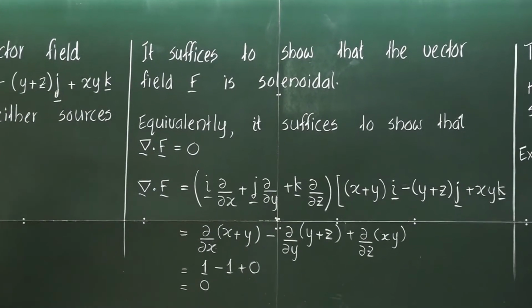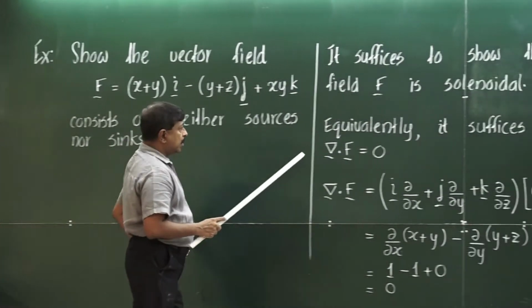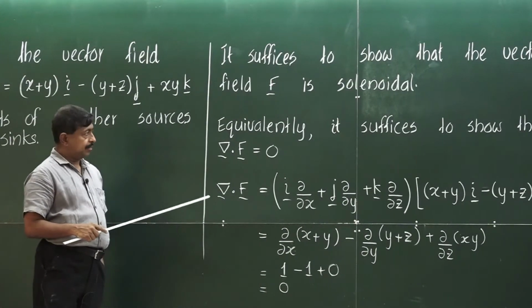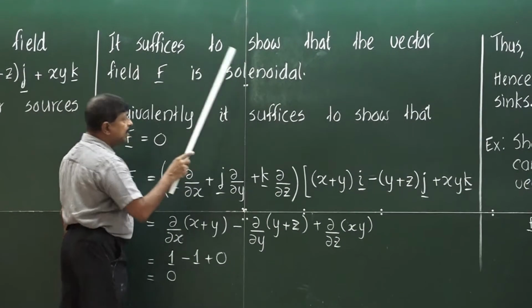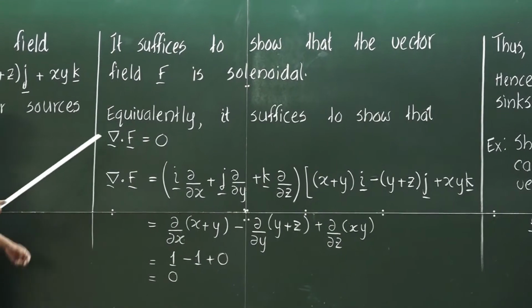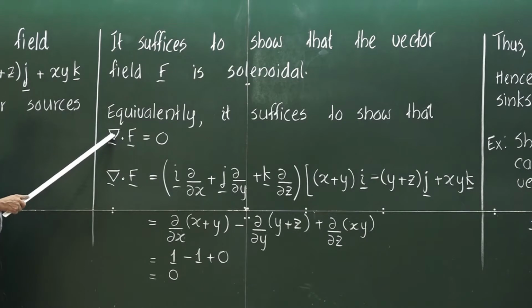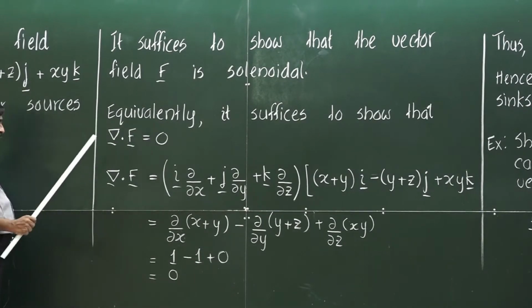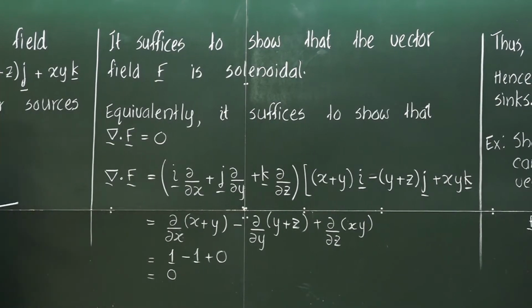Solenoidal means, practically, there are no sources, no sinks. On the other hand, a solenoidal vector field is defined like this. If for a vector field the dot product with the grad operator, that means div f, is 0, we know that the vector field is solenoidal.